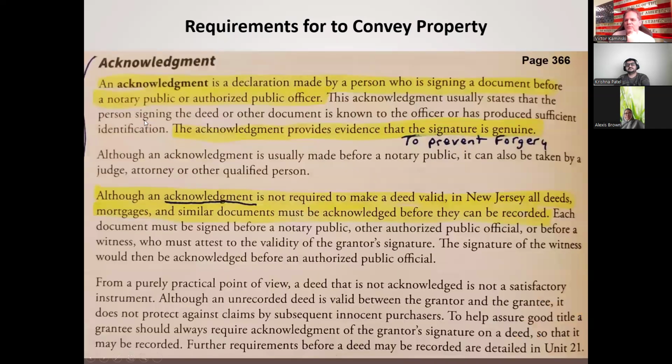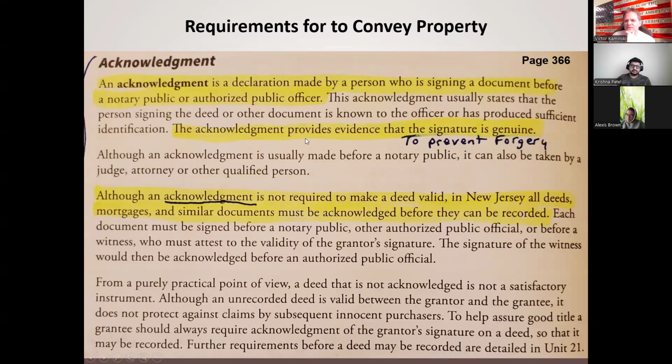All right, so we learned that an acknowledgement provides evidence that the signatures are genuine, to prevent forgeries. An acknowledgement is a declaration made by a person who signs a document before a notary public or authorized officer.